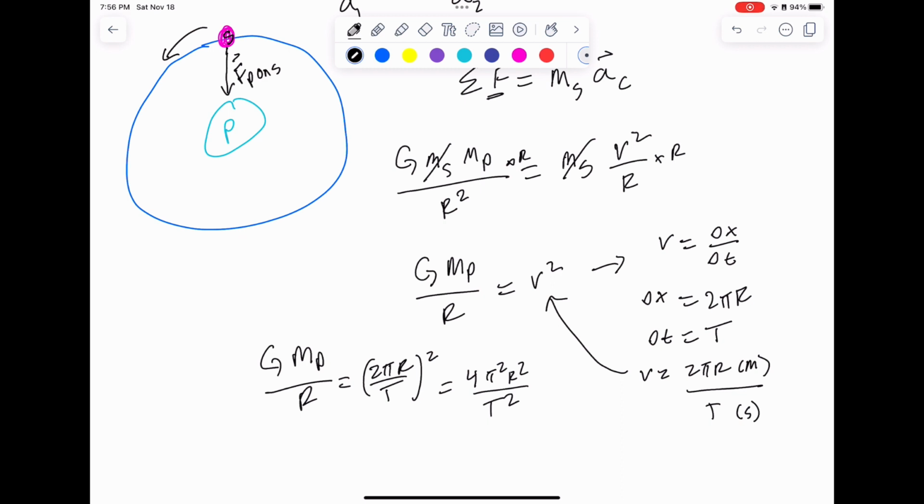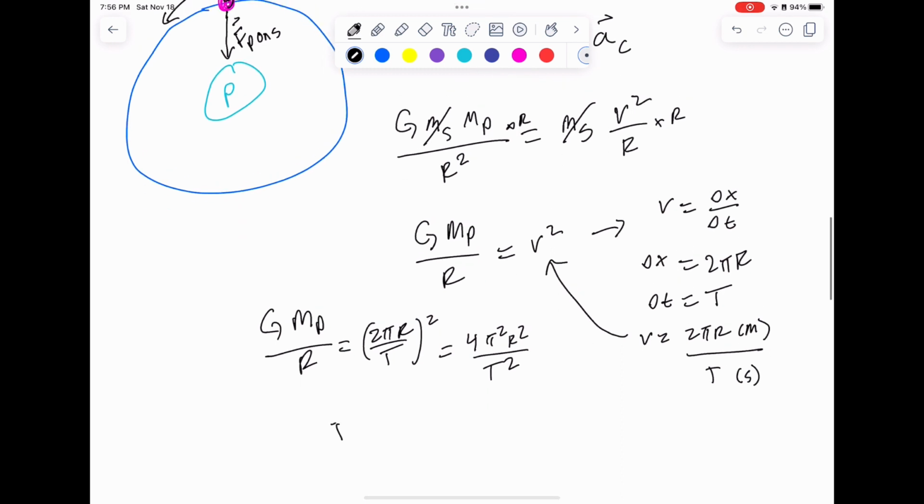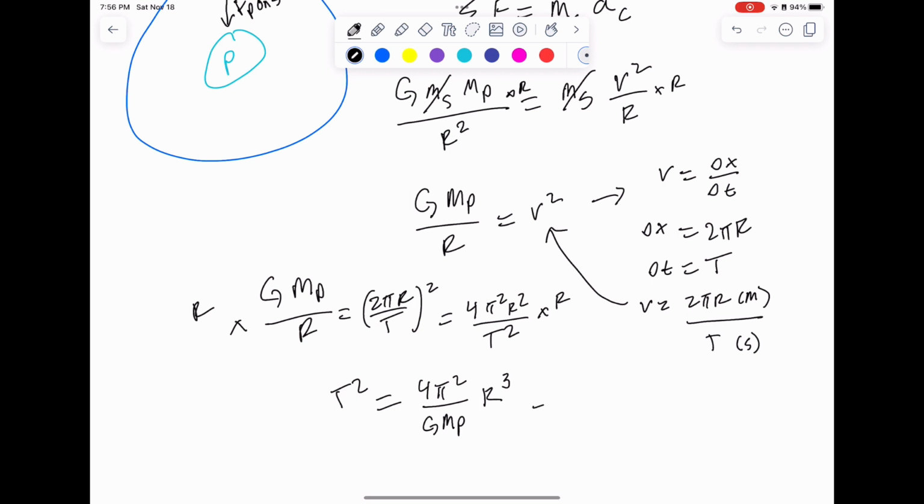If I multiply both sides by r times r, we get period squared is equal to 4 pi squared over G times the mass of the planet times r cubed. So basically what we're getting is that period squared is going to be proportional to our radius cubed. This is the relationship for Kepler's third law.